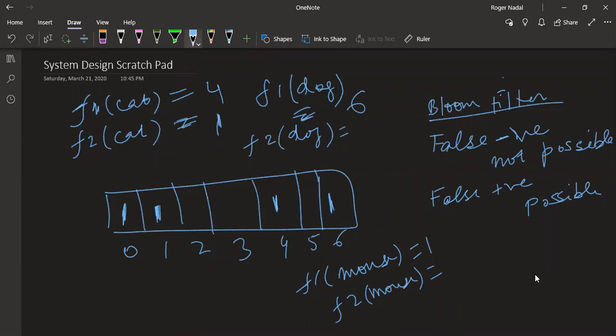That can easily happen. Now what are we reporting? 1 is definitely set and 6 is also set, right? 1 was set by cat here and 6 was set by dog. So now this filter will tell that mouse exists, though it doesn't. That is a false positive. It tells you that something exists when it doesn't.